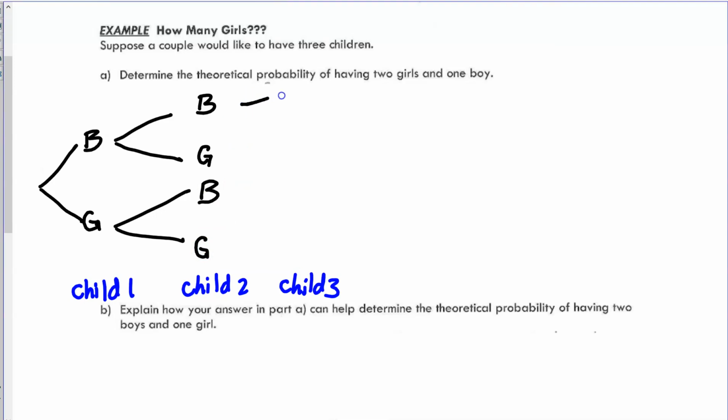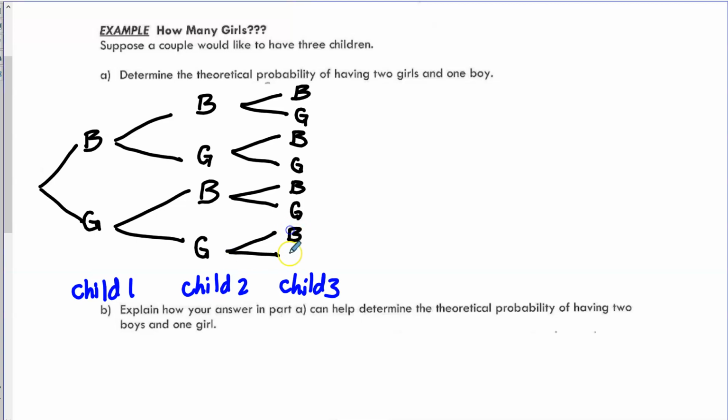And then from there, for the third child, again, if you had a boy, you could have a boy or a girl. If you had a girl. There we go. Okay, so there's a tree diagram showing the possible outcomes, the theoretical outcomes for having 3 children.